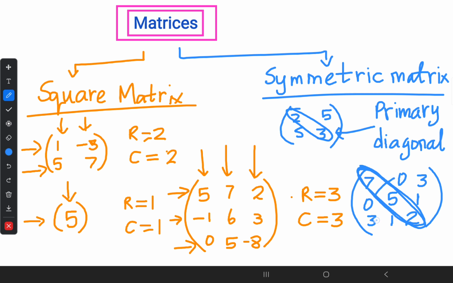Here you can clearly see a kind of mirror image. This is also a symmetric matrix. One important condition: only square matrices apply to the condition of symmetric matrices. Except the primary diagonal, the right hand side value should be exactly equal to the left hand side value. If so, that can be a symmetrical matrix.